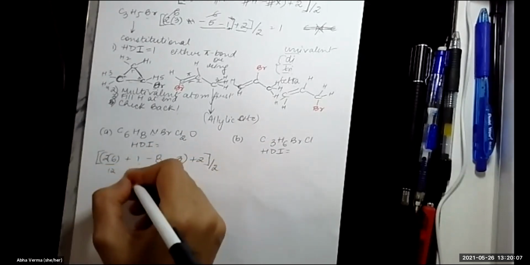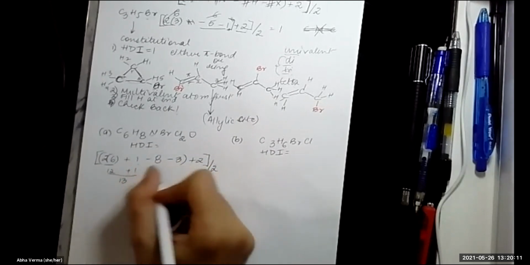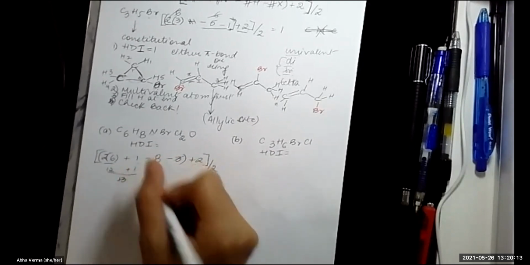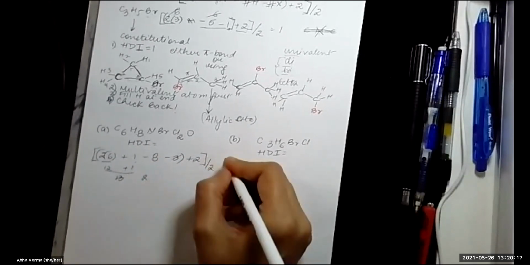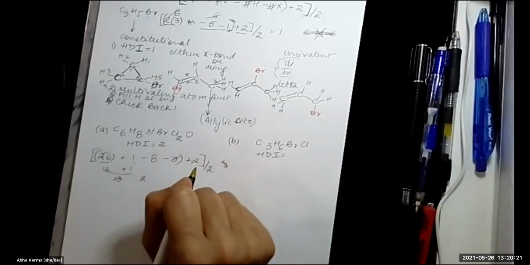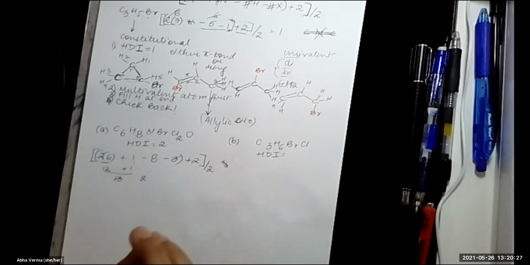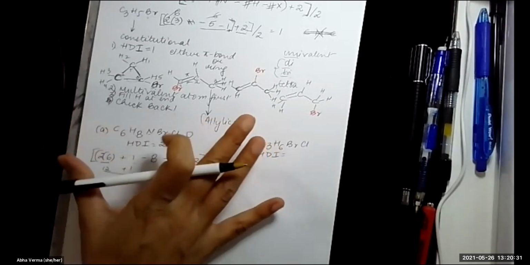12 plus 1 is 13. Minus 3 is 10. Minus 8 will be 2. 2 plus 2 is 4. 4 divided by 2 will be 2. So you know the HDI. Do you have a reasonable idea now what could be the structure here?